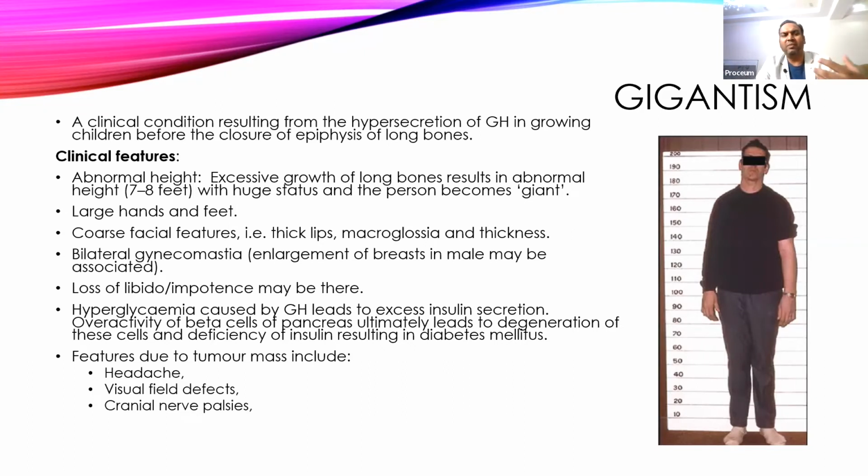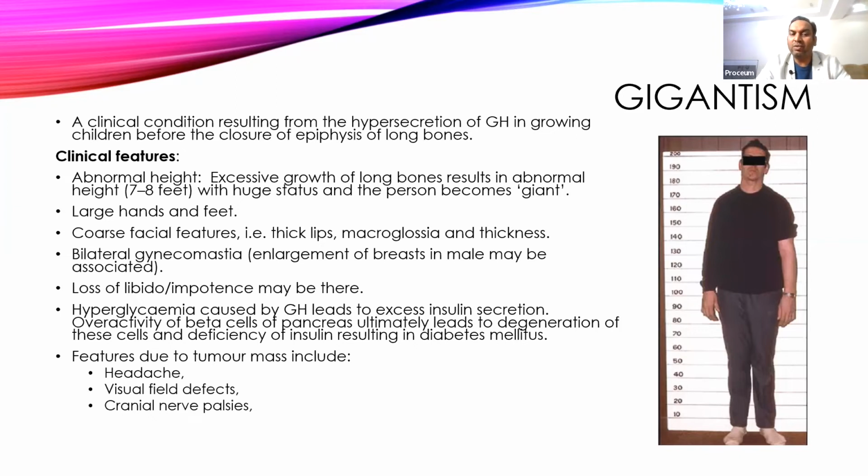Apart from that, the skin and facial features also change. There is enlargement of the zygomatic bone, enlargement of the eyebrows, and thickness of the skin. The lips will become thicker, and the tongue will become thicker. That causes macroglossia, and that can also cause difficulty in speaking, so there will be slurred speech.